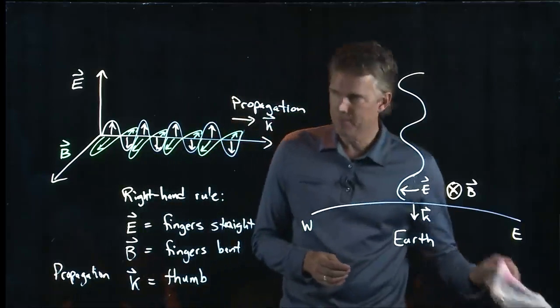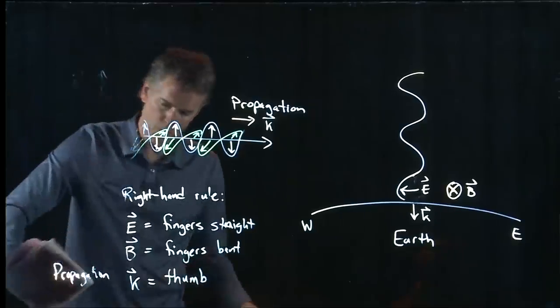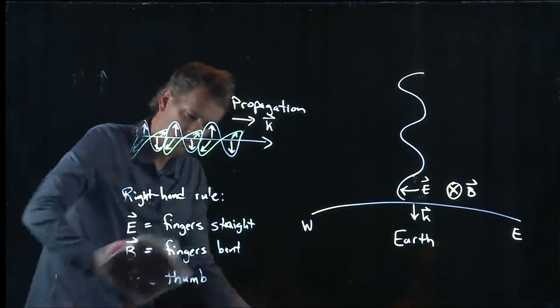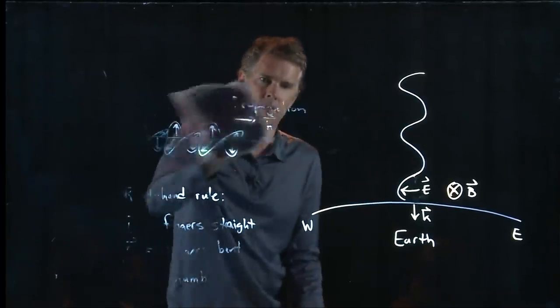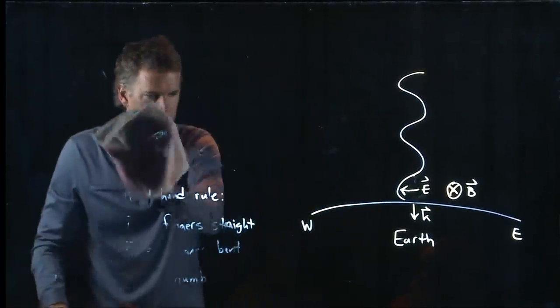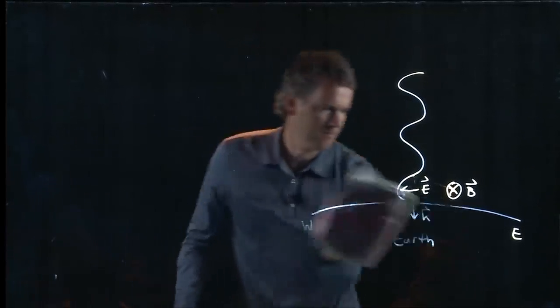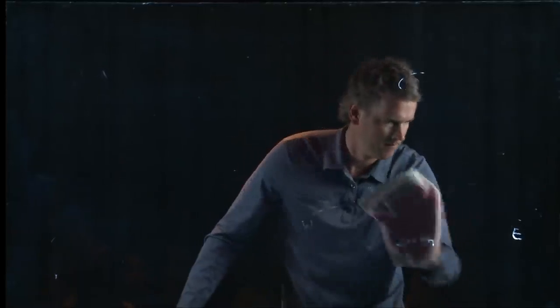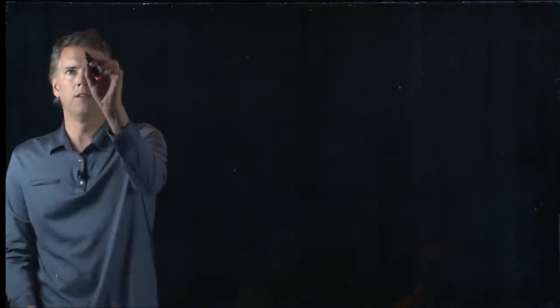Okay, let's go back to this idea of waves for a second and talk about something called the Doppler shift, because this is really interesting. So this is something that you guys have heard about.